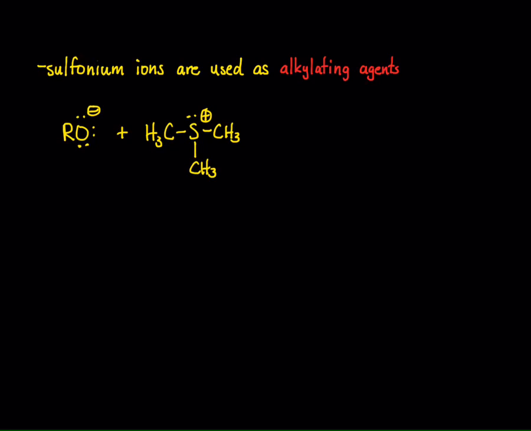This is very similar to protonating an OH group and making water as a good leaving group, right? So I get attack at one of the alkyl groups, in this case all three of them are methyl groups, and displacement of sulfide, and I end up with ROCH3 plus dimethyl sulfide.